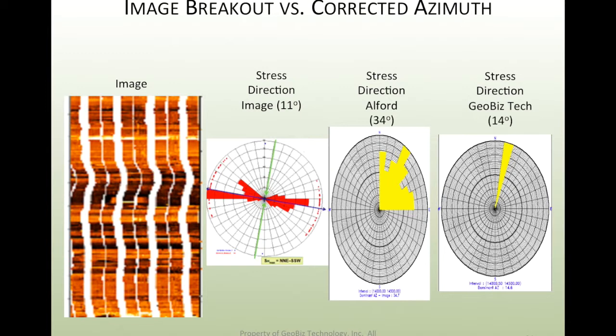Once we applied our calibrated correction factor, we got 14 degrees. It's not exactly the same, but it is definitely a lot closer and true to the formation than what was originally calculated using an Alford-based calculation. And just so you know, this particular well had about a 65-degree deviation from the vertical.